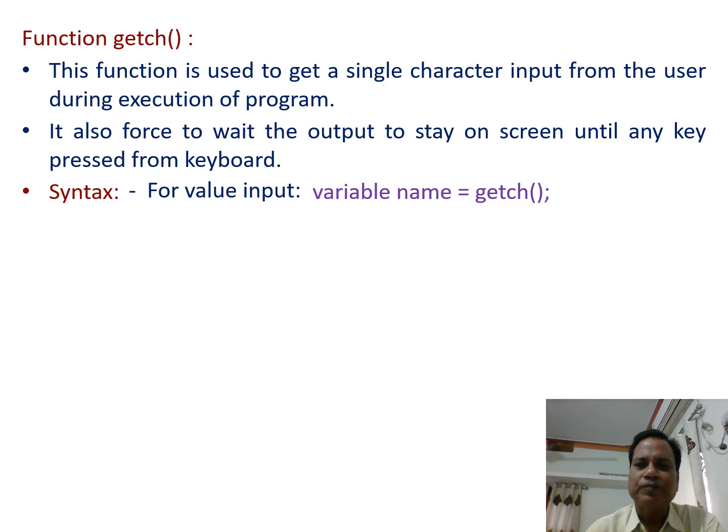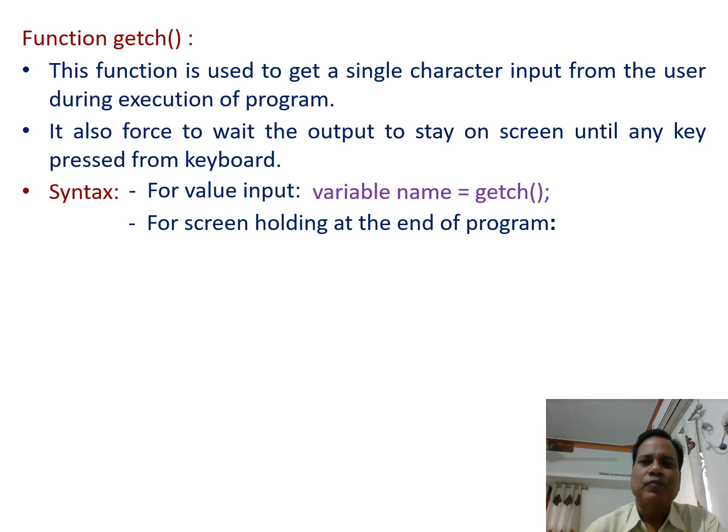This syntax is used when we have to enter the value during the execution of the program. Similarly, if we want to hold the output screen, we use this syntax: we write the name of the function, then semicolon.